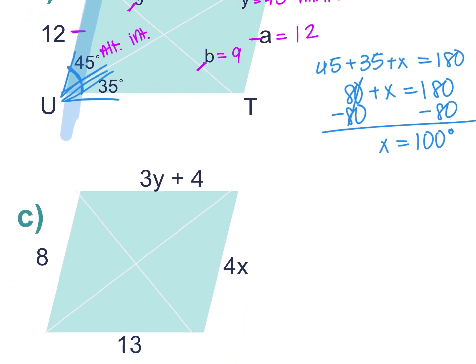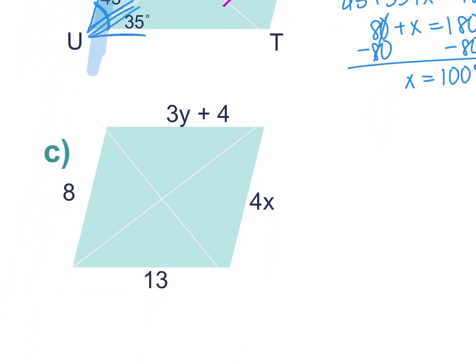And then the last one, C. What's equal to what? Good. 4x is equal to 8. So I'm going to set it up as 4x equals 8. Solve for x, and I'm going to get 2.